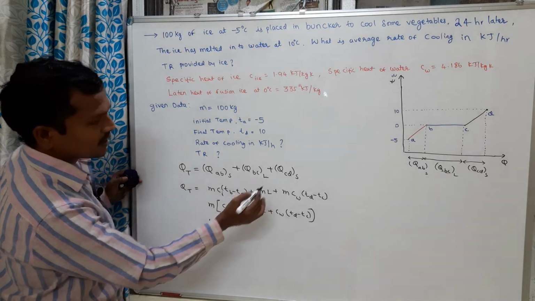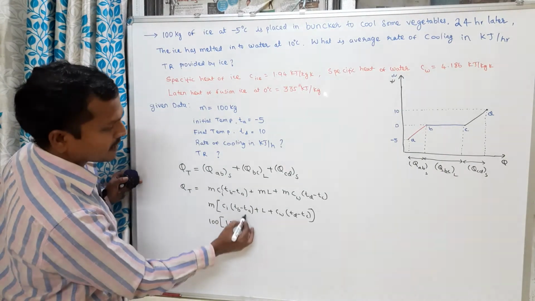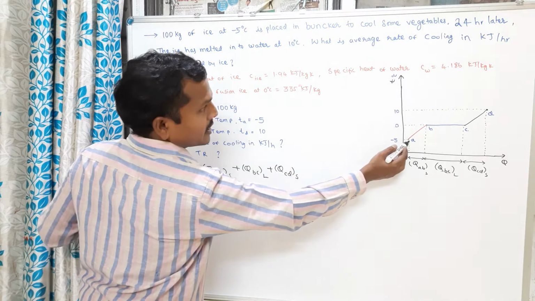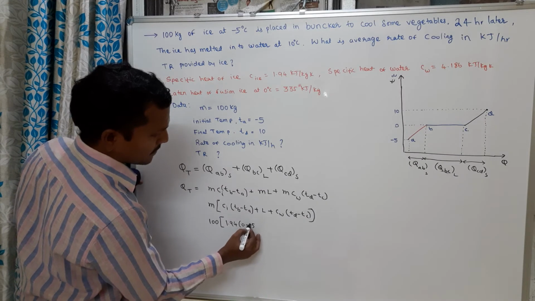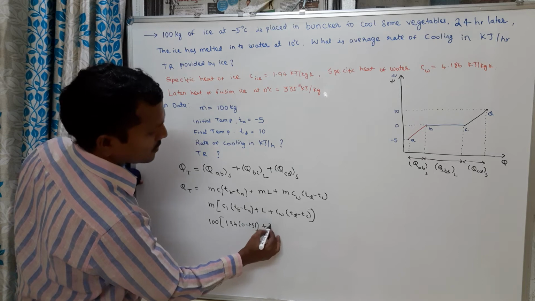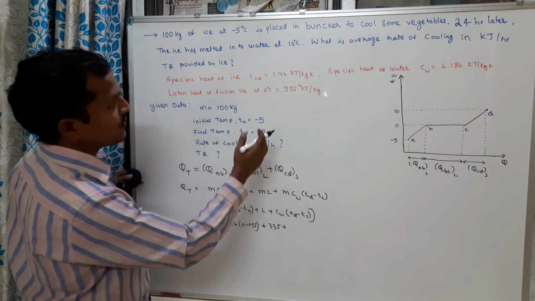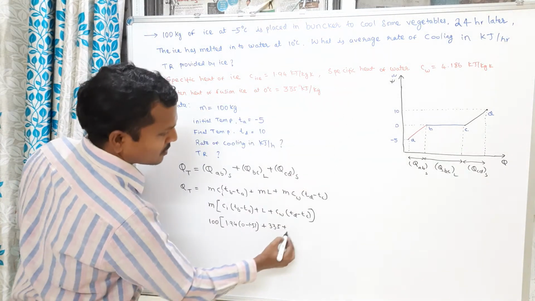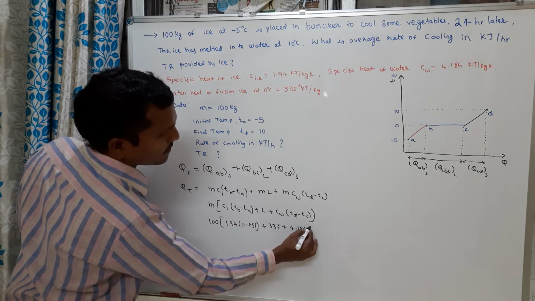The temperature at point B is 0 degrees centigrade minus TA, the temperature at A, that is minus 5, plus latent heat, that is 335, plus the specific heat of water, which is 4.186.